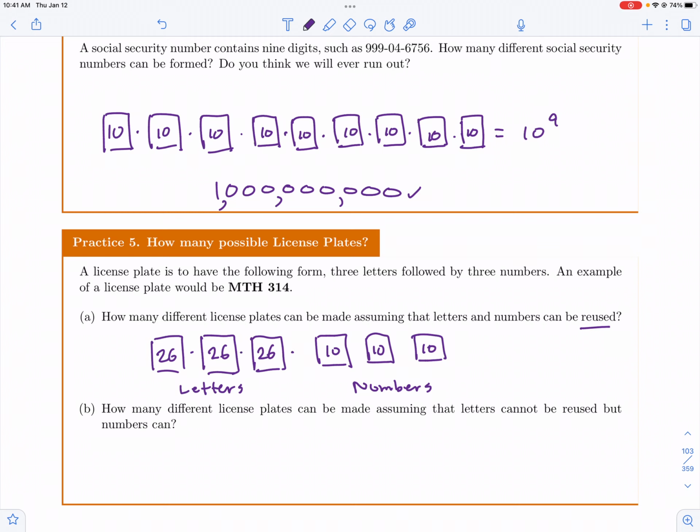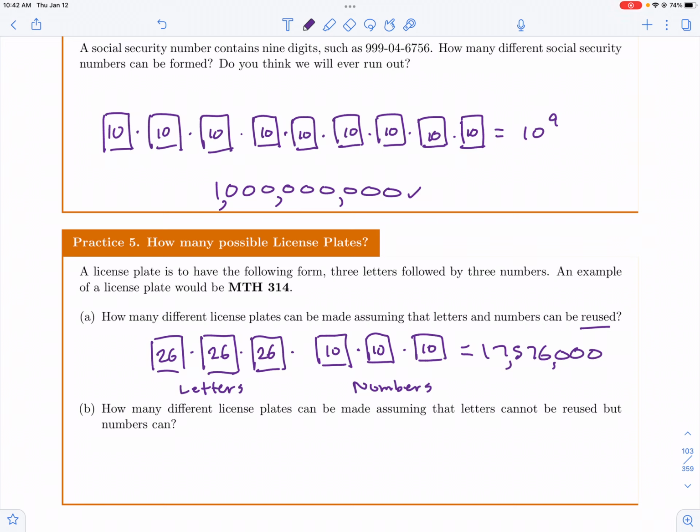Then, using our fundamental counting principle, we multiply these together and we get 17,576,000 ways to make license plates in this particular form.